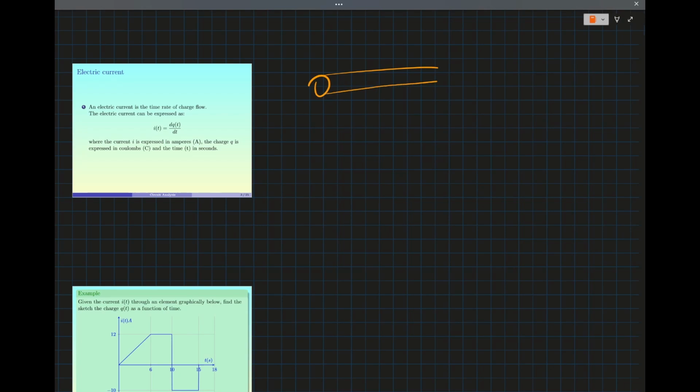Let's say we have this wire, this conductor, and then we have charges that are flowing. When I take this cross section, for example, I find the rate of charge flow through this section.